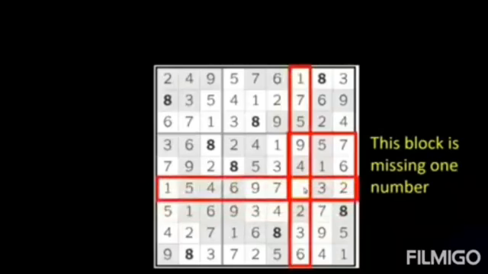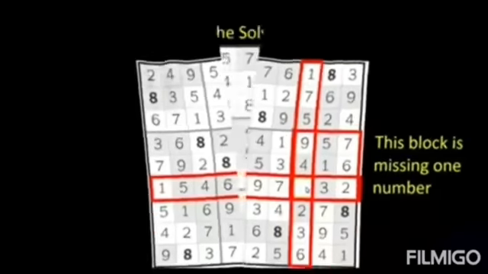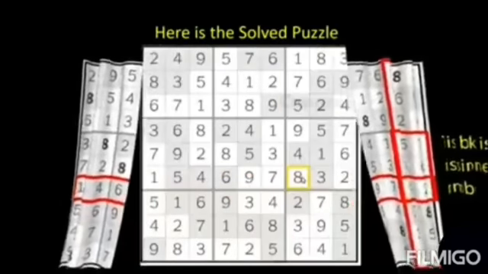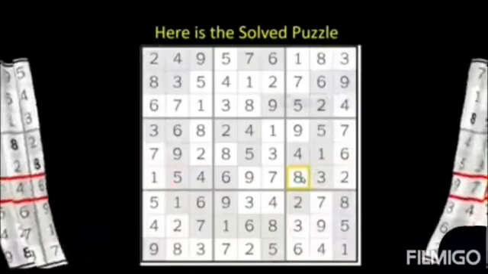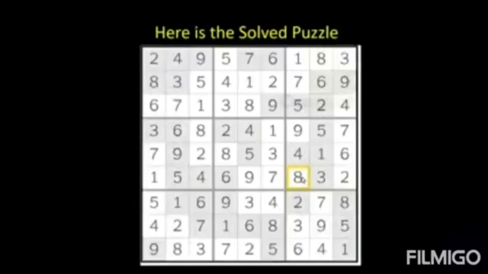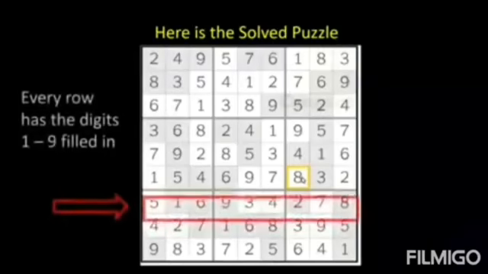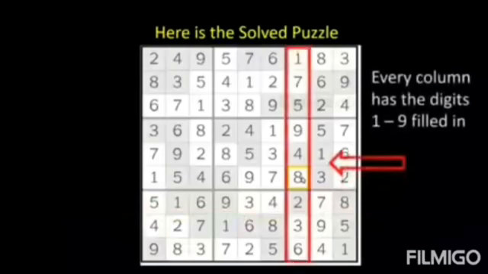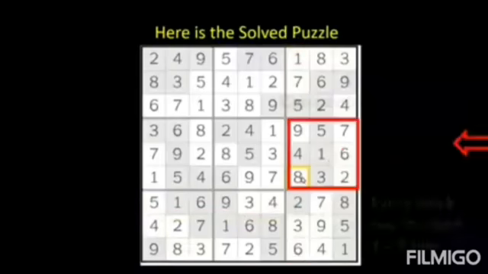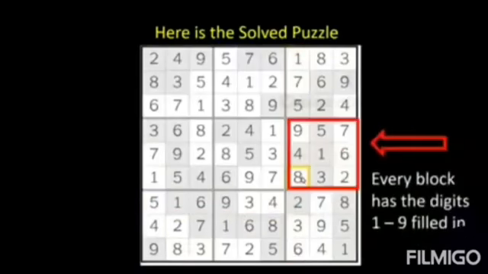When we move across a row and a column and the block which includes this missing number, we may easily go through these and learn which one is missing. So here it is 8. This is the missing number. Now every row has all the 9 digits 1 to 9. See.